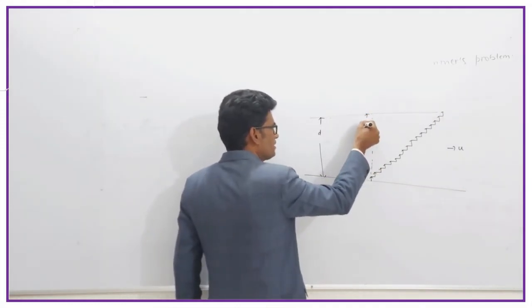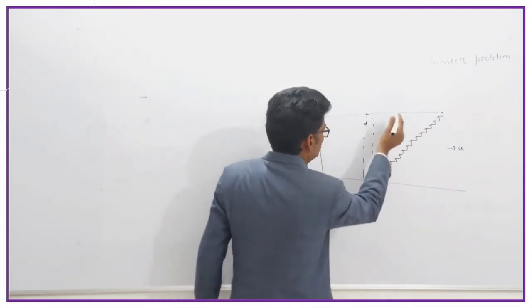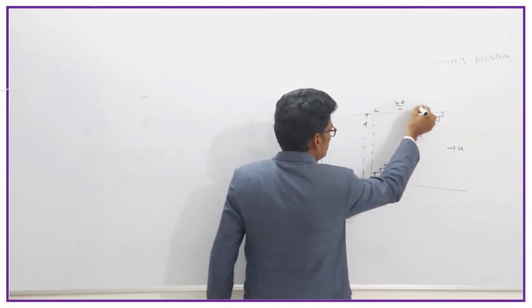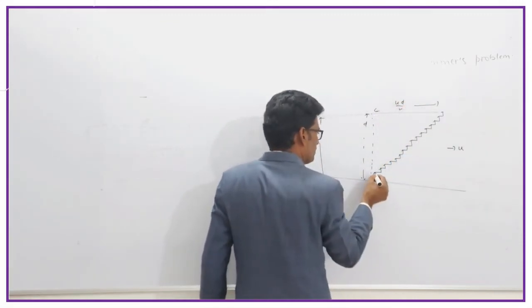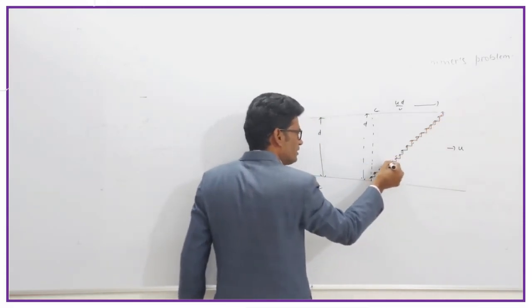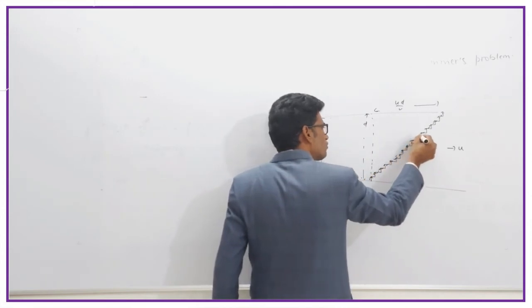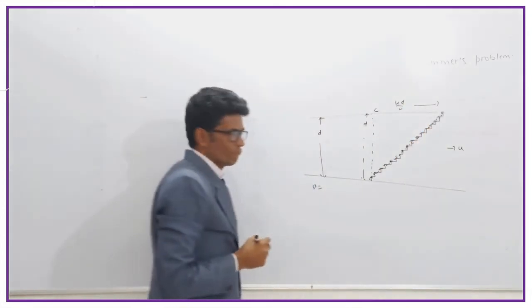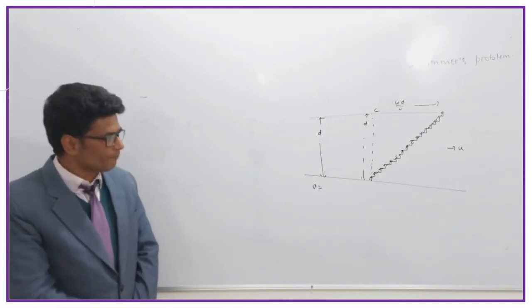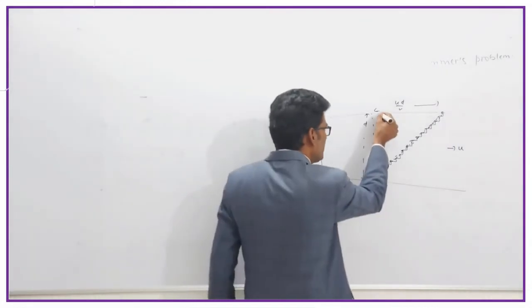So this is d. This we have calculated earlier, the drift comes out to be ud over v. And this is the path. You may join it with a straight line. However, it is exactly being dragged down, and the swimmer tries all the time to swim perpendicular to the flow. That is why this is 90 degree.